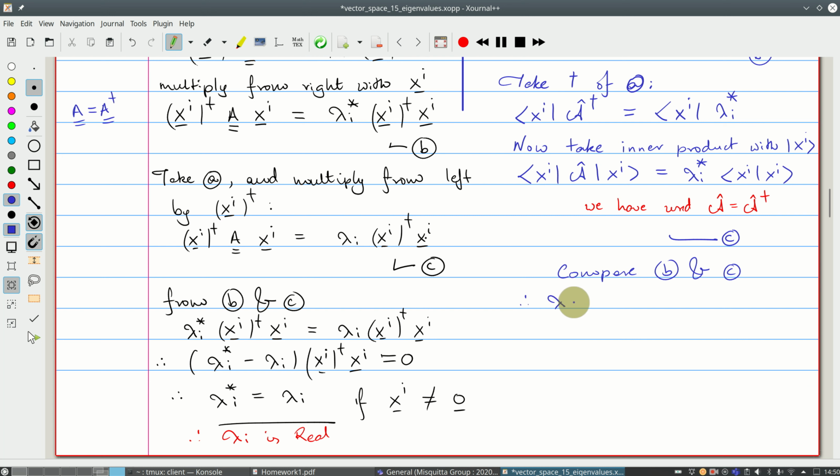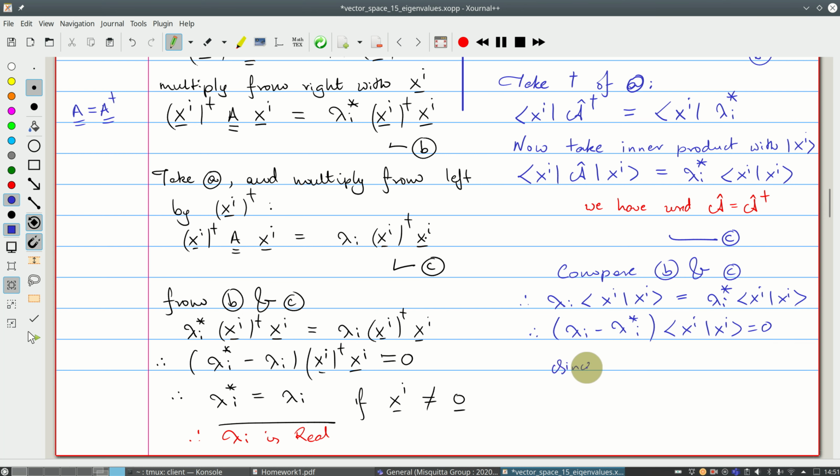Therefore lambda I times the inner product of xi with xi, which is just the length squared of xi, is equal to lambda I star times xi, xi. And therefore, doing the same thing, lambda I minus lambda I star times the inner product of xi with xi is equal to 0.